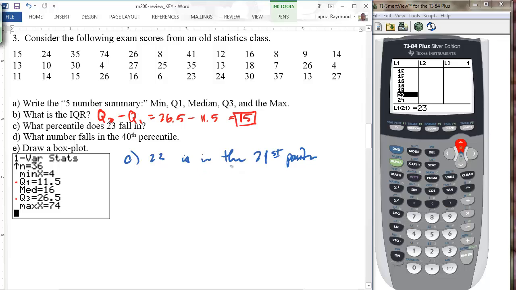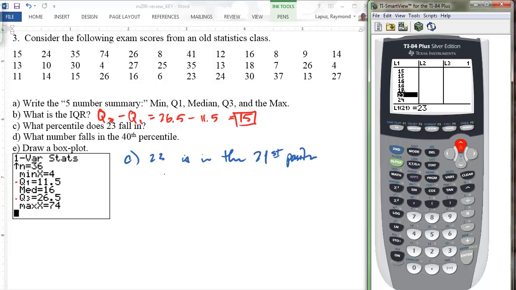So if you look at the percentage of where the 21st position is, actually we count one lower than that, which is the 20th position. If we look at where 18 is, that's the 20th position.